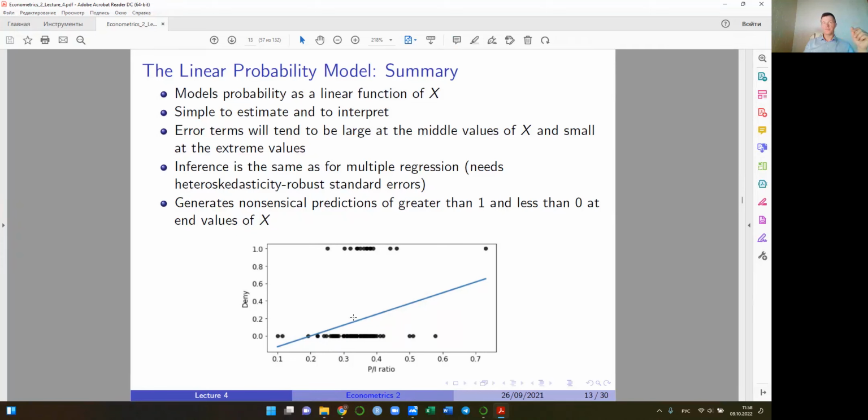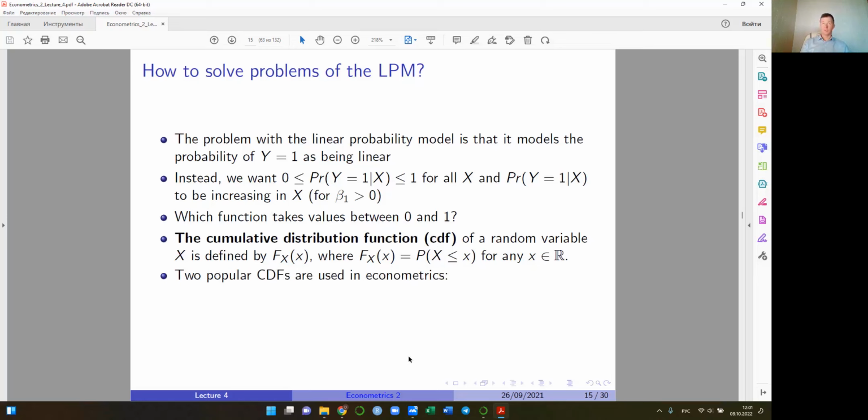A cumulative distribution function is bounded between 0 and 1, and it is non-decreasing in x. Well, when x is continuous, it is increasing, sorry. And in econometrics, we have two popular cumulative distribution functions. The first one is the standard normal CDF, and this is related to the Probit regression. And the second one is the logistic CDF, which is related to the Logit regression.